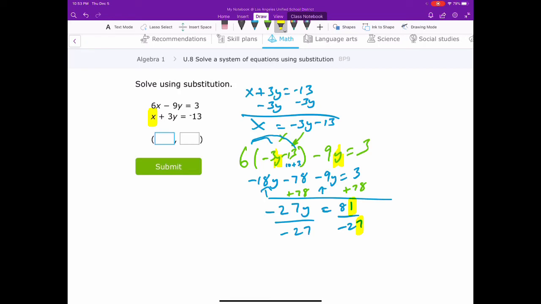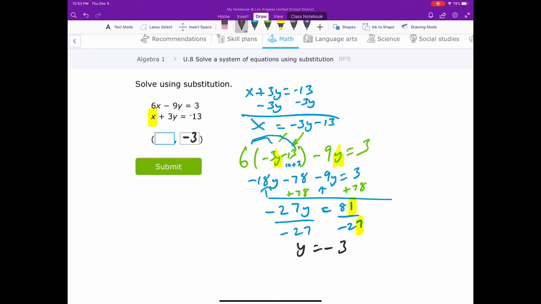Nope. 7 times 2 is 14. That's not it. 7 times 3 is 21. Oh, that might be it. And it turns out, yep, y is equal to negative 3, because 27 goes into 81 3 times.